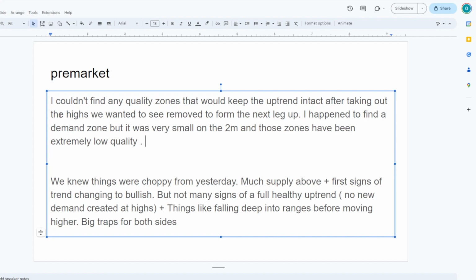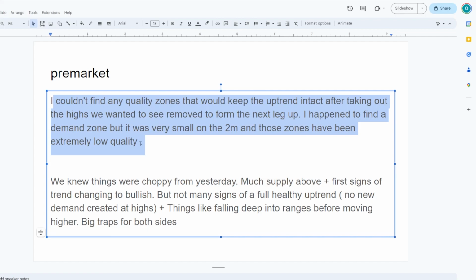So I'll have those live emotions, how I was feeling, and the thoughts and theses I was coming up with as the market develops. So here I said I couldn't find any quality zones that would keep the uptrend intact after taking out the highs we wanted to see removed to form the next leg up. I happened to find a demand zone, but it was very small on the 2-minute, and those zones have been extremely low quality. So this is stuff I was noticing before I even took a trade, right? So when something happens, say you took that demand zone and it didn't work, you have this information to go, okay, this is something I saw before.